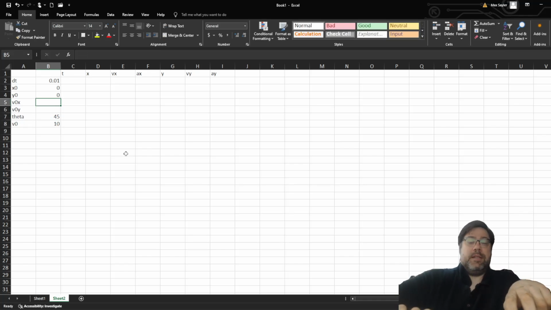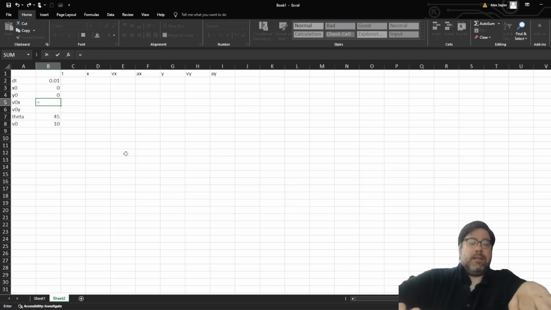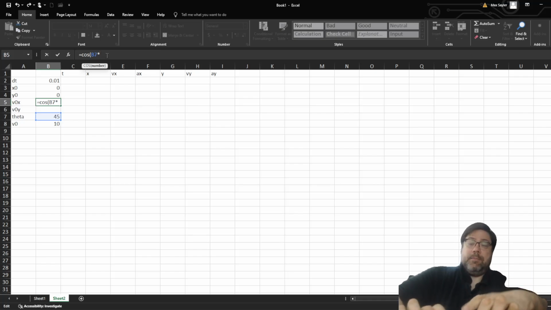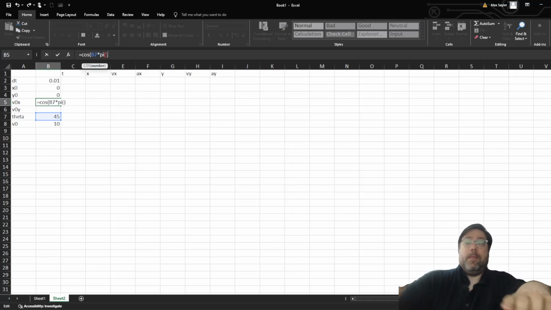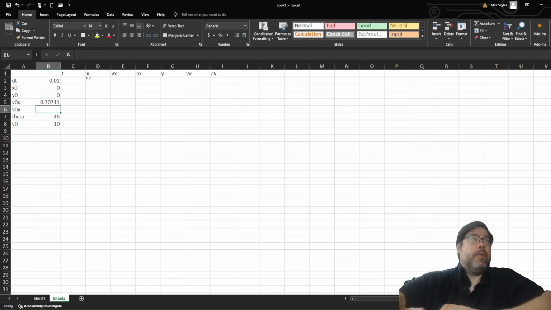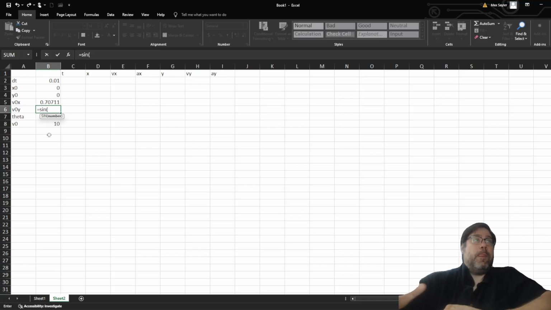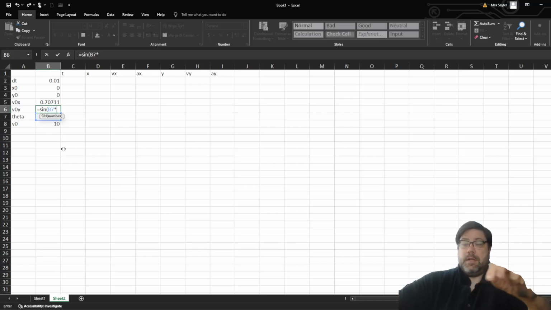That means the velocity in the x equals, let's see, cosine of theta. And of course, this is in degrees, so I'll make it into radians. So times pi divided by 180. Right, and the same thing, this is going to equal the sine of this times pi divided by 180.